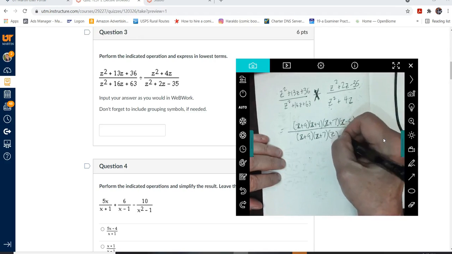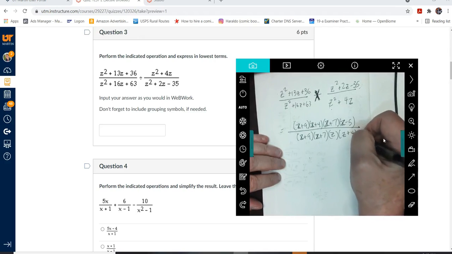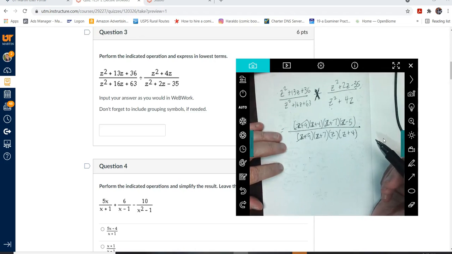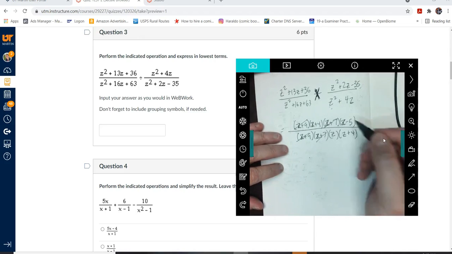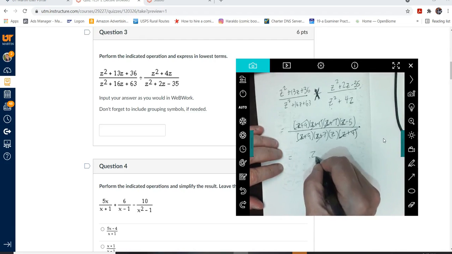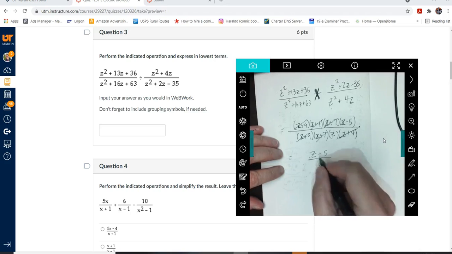I can factor out a z. Okay. And so the z plus 9s will cancel. The z plus 7s will cancel. And the z plus 4s will cancel. And at the end of it, I'm left with z minus 5 all over z.